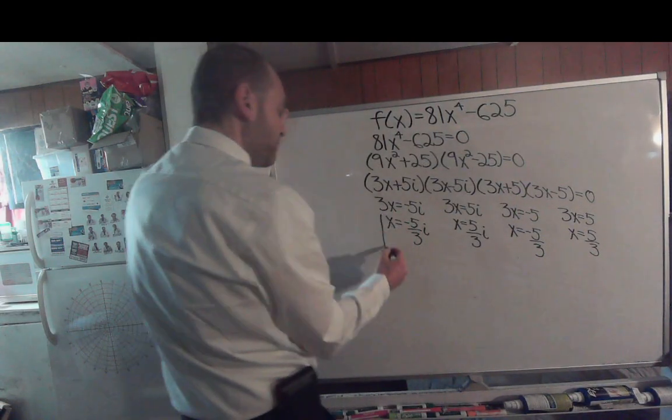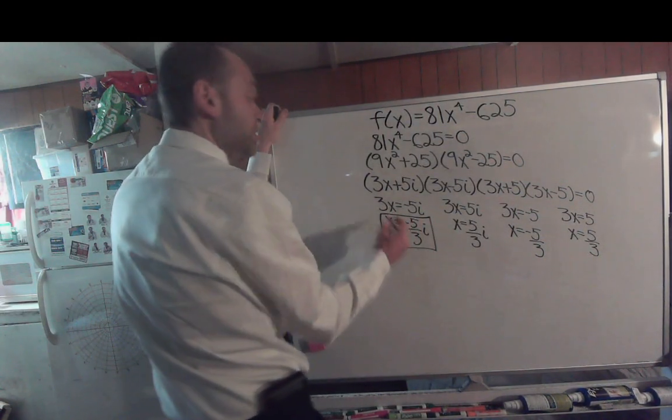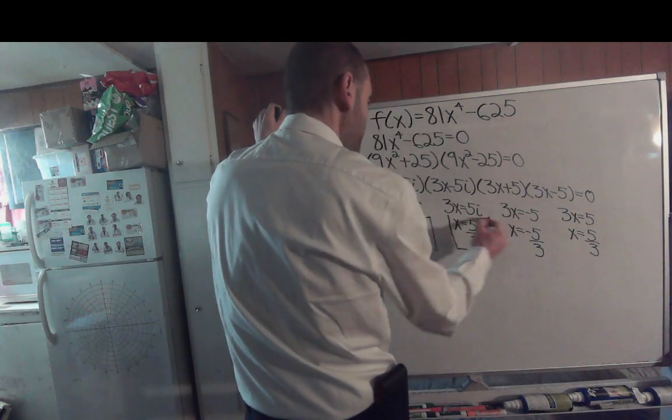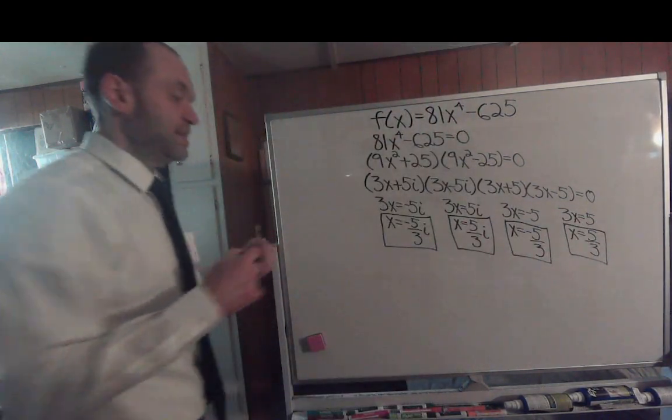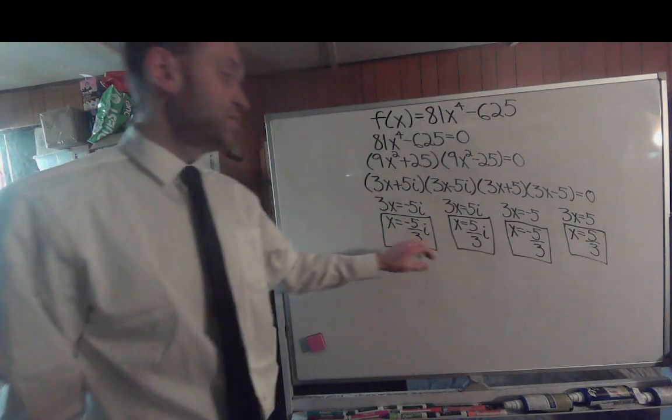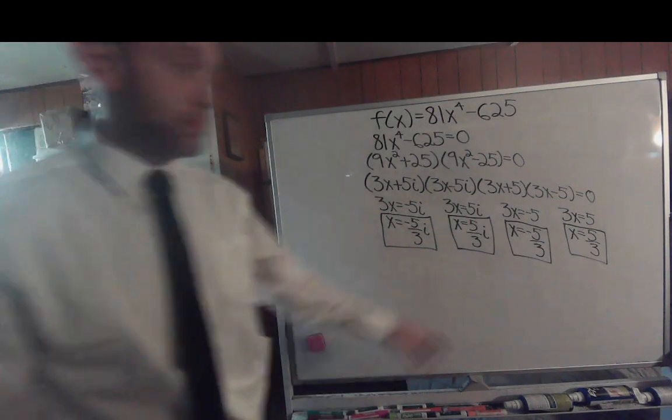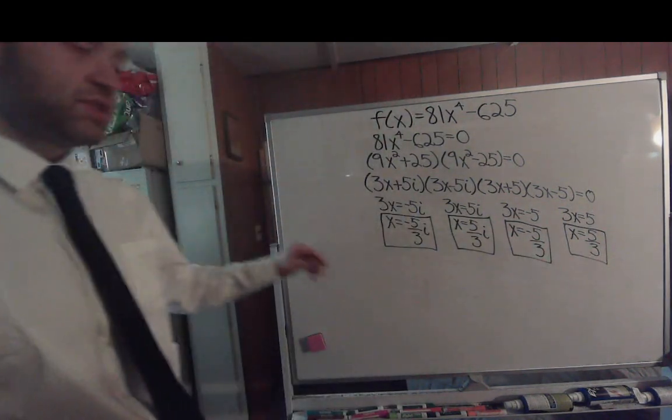So you have 4 solutions again in the complex number system. You have 2 imaginaries and 2 reals. For your solutions, you get x equals both plus and minus 5/3 i, and then plus and minus 5/3.